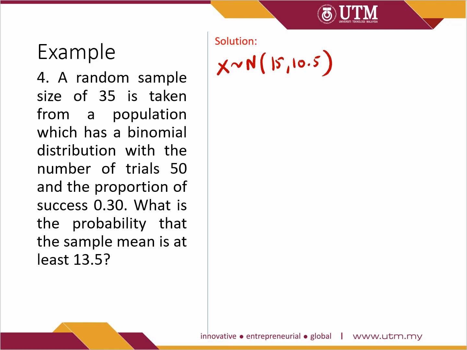So now our main concern is that we want to find the sample mean at least 13.5. So we have to change this distribution to the mean distribution. Given that we choose a sample size of 35, the sample size n is 35. So here, in terms of normal distribution, it is 15, 10.5 over 35.